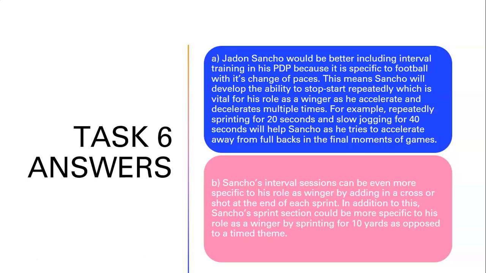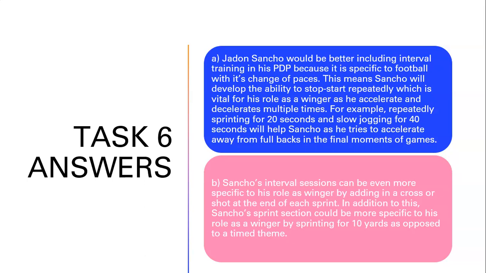And then we solidify the answer with an example. Repeatedly sprinting for 20 seconds and slow jogging for 40 seconds will help Sancho as he tries to accelerate away from fullbacks in the final moments of games. The final moments part is crucial because it shows how the role and responsibilities ties into his CRE, i.e. the time of the game when the CRE levels may begin to decline.